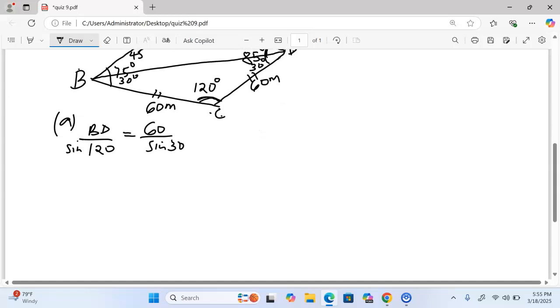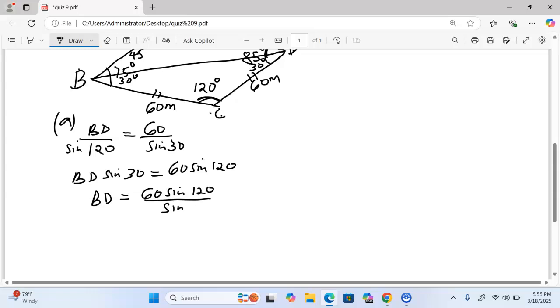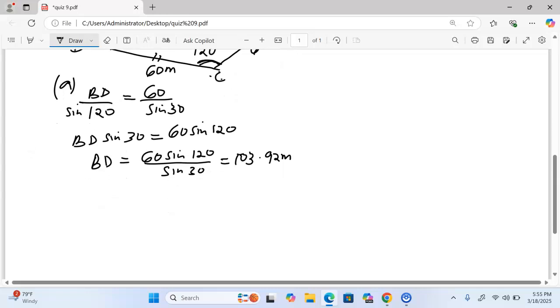If you cross multiply, we are going to have BD sine 30 being equal to 60 sine of 120. Divide both sides by sine 30. BD is going to be 60 sine 120 divided by the sine of 30 degrees, and this one is going to give us approximately 103.92 meters.